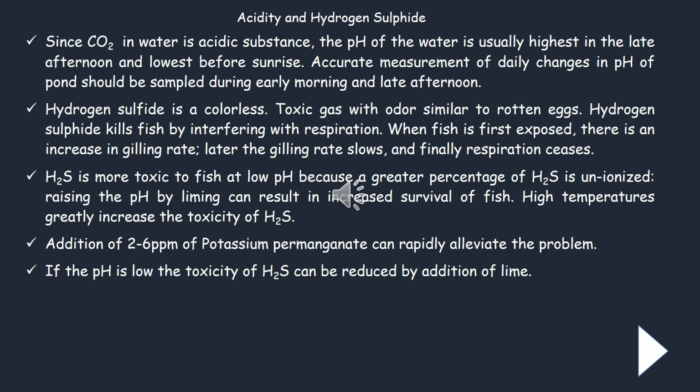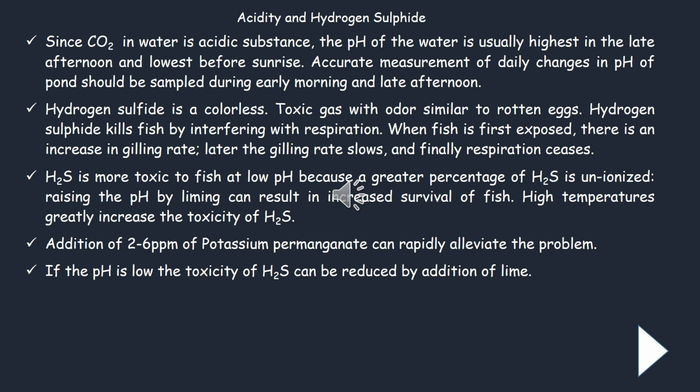The pH is lowest before sunrise, that is acidic, because there is no sunlight to enable the oxygenating plants to photosynthesize.